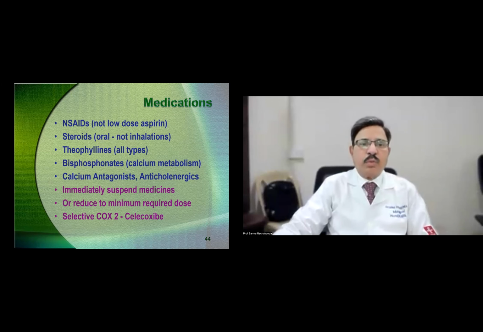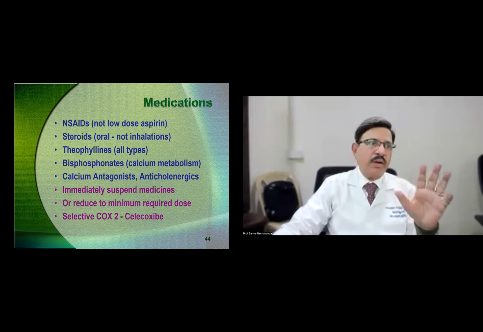So what are the medications I should be looking at to prevent ulcer recurrence and for faster ulcer healing? One, NSAIDs: low dose aspirin is not contraindicated. 75 milligrams of aspirin as a cardioprotective and antiplatelet agent must be continued, and it need not be discontinued.